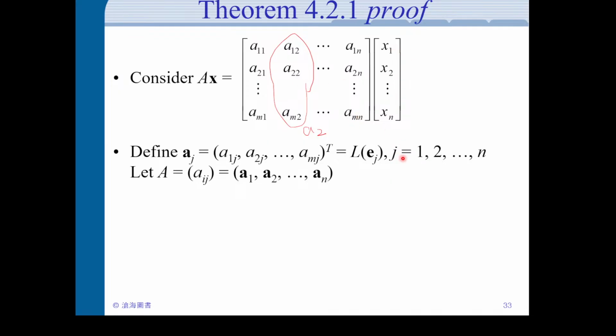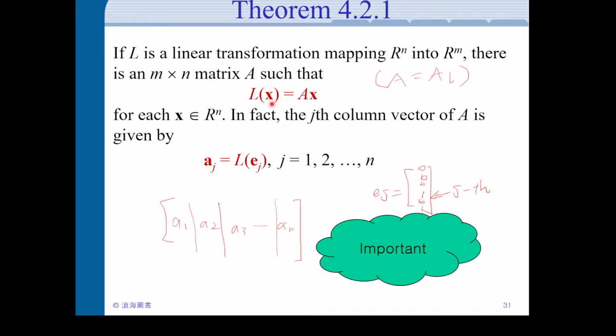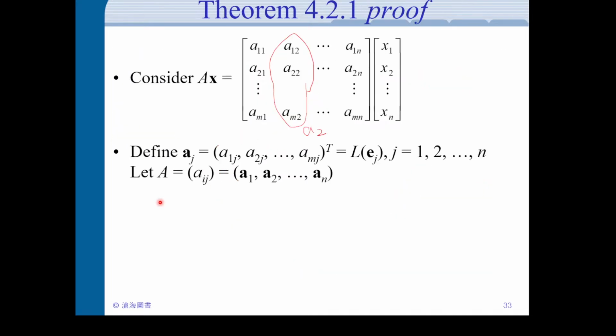And we define the columns of A as these vectors Aj, so we have A1, A2, etc., and we define them as L of Ej. And we want to see that Ax will give us L of x. Okay, a whole bunch of notation. A is equal to this collection of column vectors.